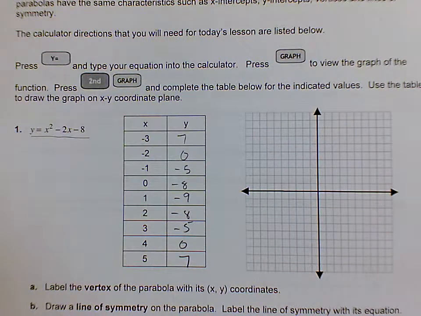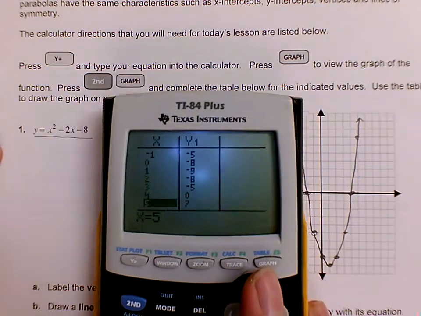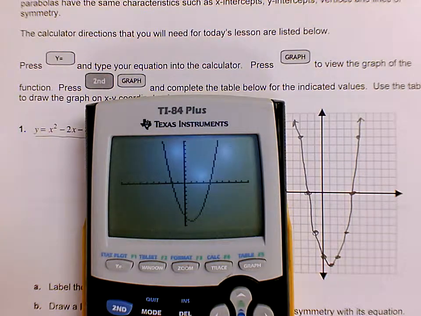To plot the points, you guys can use the graph from your calculator or just graph the points. It's probably easier to just graph the points right now since we are graphing it and not sketching it. So there is the graph of my drawing. And if we want to go back to see the graph, all we have to do is hit the graph button. And it does match that pretty well.